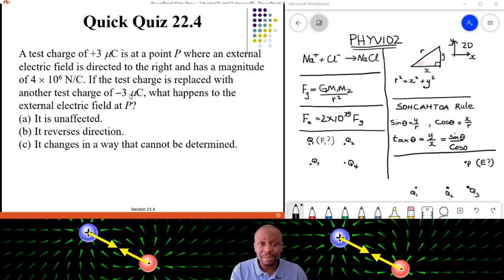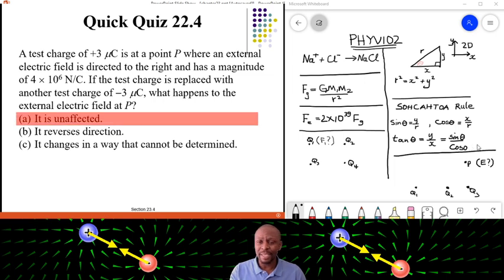The test charge, the Q naught, is not going to influence the electric field at point P. What is going to influence the electric field at point P is the source charge. Right. Now, the correct answer for this is just A as a result. All right.